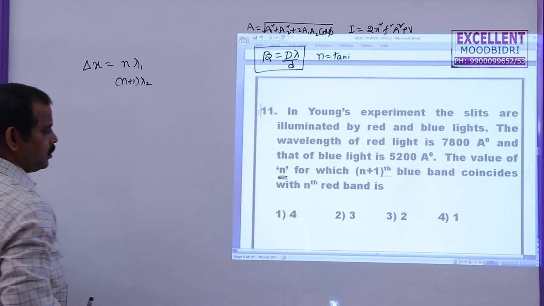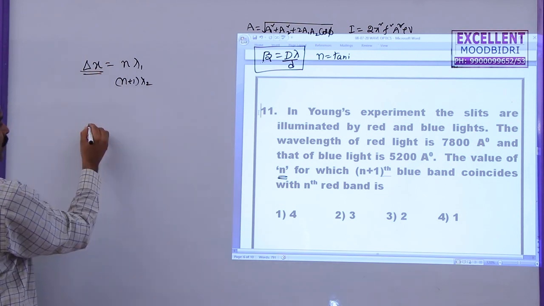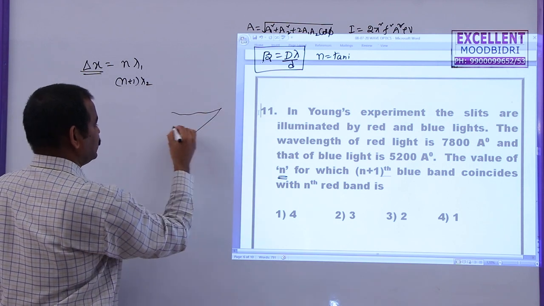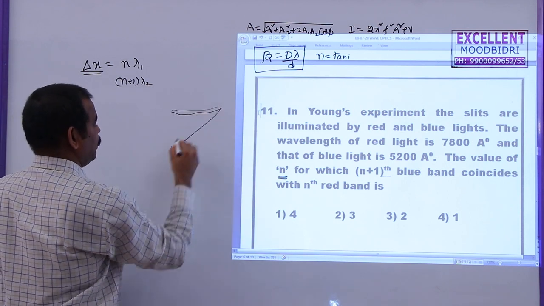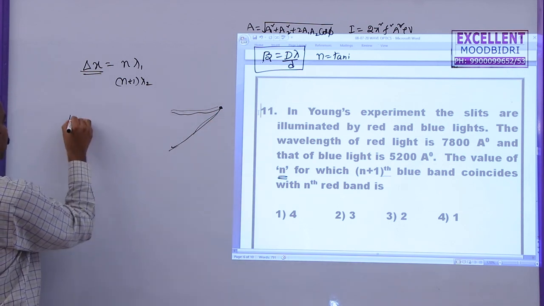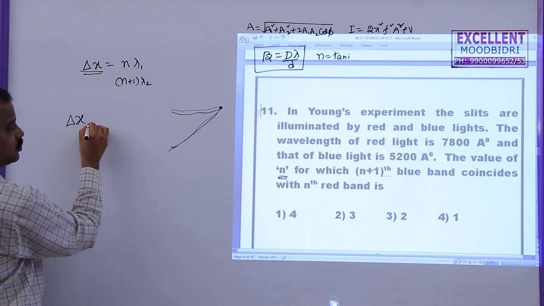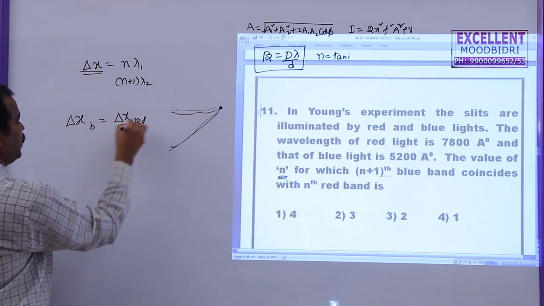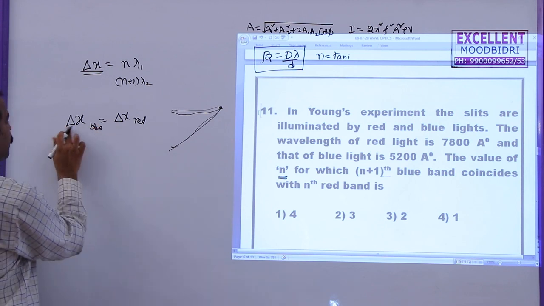If both are coinciding at the same point, the path difference must be the same. So we take the path difference of blue equal to the path difference of red.